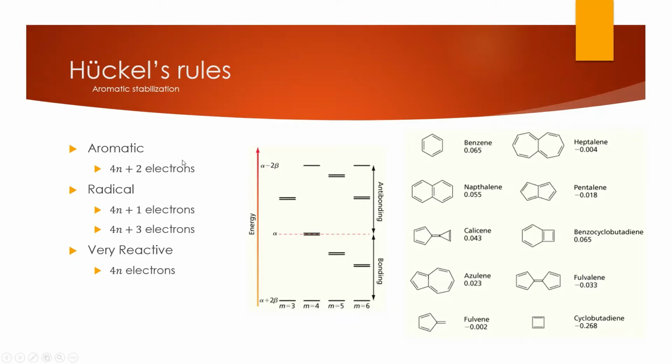So if you have 4n plus 2 electrons, so say 6 electrons for benzene, you have 1, 2, 3, 4, 5, 6. You have all of these in bonding orbitals, and that gives you a stable aromatic molecule. That's also true for n equals 5. So this is simply coming from arguments using a pentagon instead of a hexagon. If you have 6 in that pentagon, you also have an aromatic molecule.